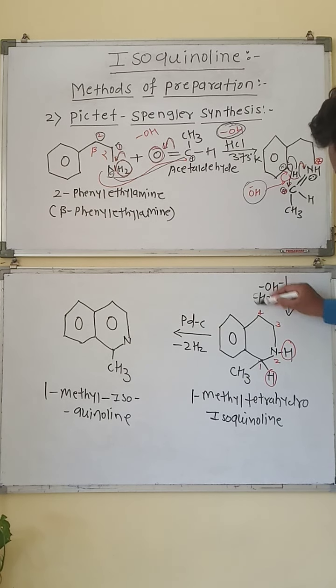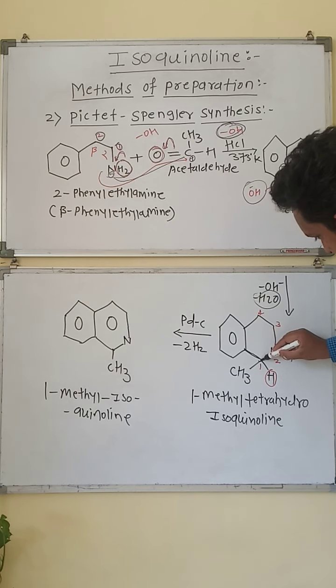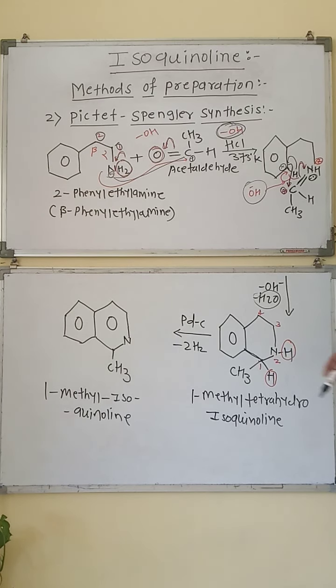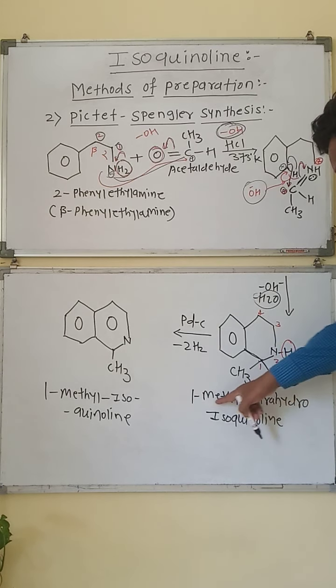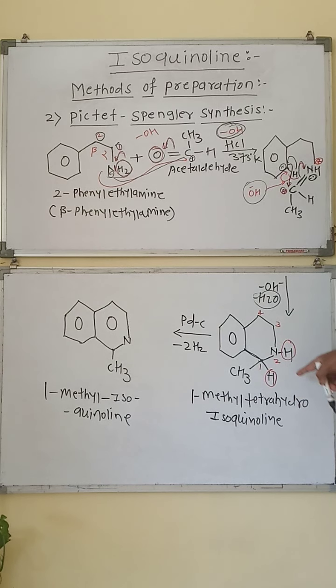That is the removal of the OH group. Its name is 1-methyl 1,2,3,4, meaning four substitutions of hydrogen take place on the carbon, nitrogen, and both remaining carbons. So it is the saturated tetrahydroisoquinoline, and with 1-methyl, 1-methyl tetrahydroisoquinoline is formed.